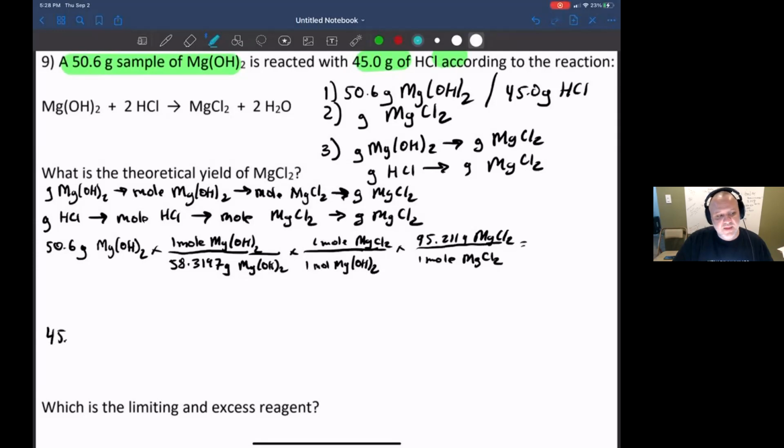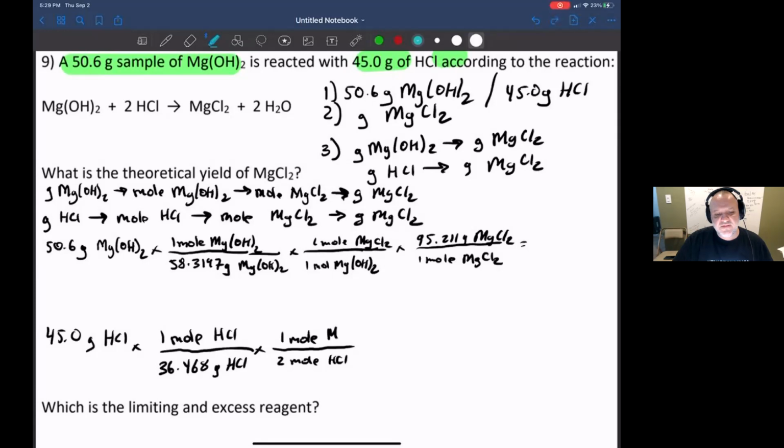Now let's do the same thing for the HCl, 45 grams of HCl, molar mass of HCl, 36.468 grams. Now the stoichiometry for HCl is not 1-to-1. It's 2 moles of HCl to 1 mole of magnesium chloride. And then this last step is the same because it's the molar mass of magnesium chloride.